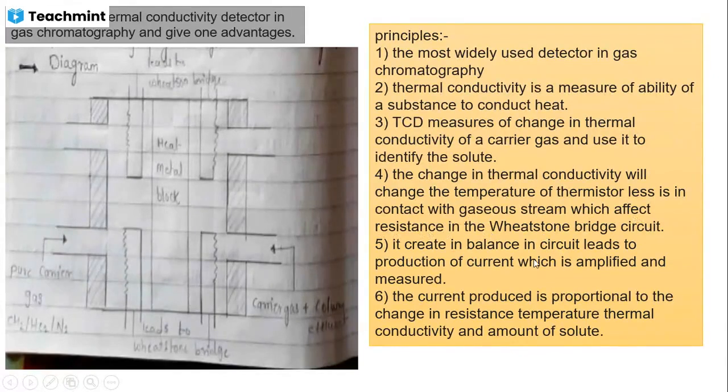It creates an imbalance in the circuit, leading to the production of a current, which is amplified and measured. The current produced is proportional to the change in resistance, temperature, thermal conductivity and the amount of the solute. This is the principle of this TCD.